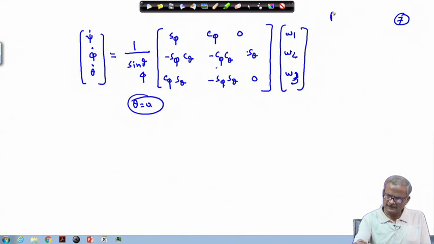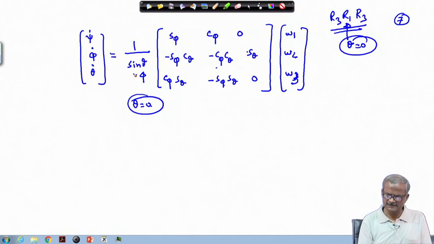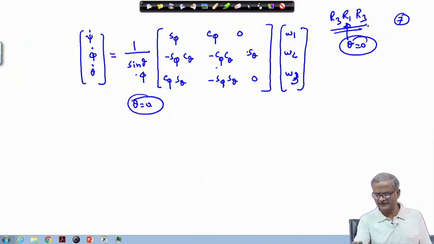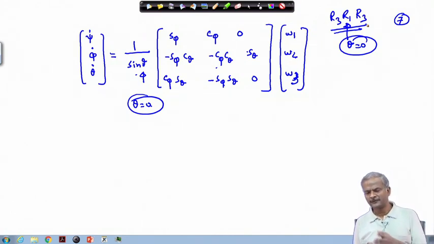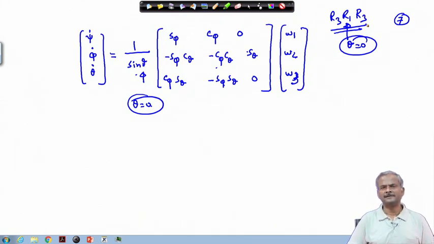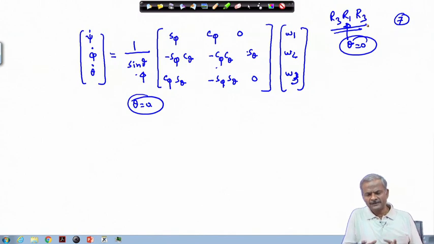In this R3, R1, R3 rotation, if this is pertaining to the theta rotation, and if this happens to be 0, we get the trouble in this place. Whenever you are dealing with this angle in your system and trying to use this R3, R1, R3 rotation, you should be careful if R1 happens to be a small rotation.